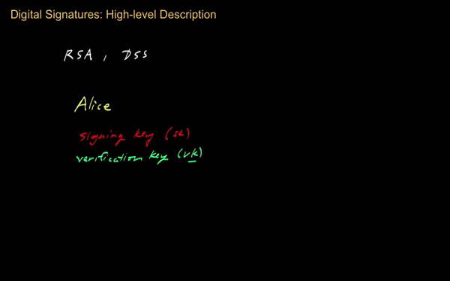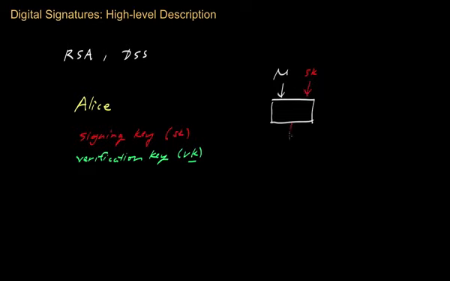If you have a message, let's call this message M, and you wish to digitally sign that message, you're going to apply a mathematical transformation. Alice is going to apply a mathematical transformation to the message M and her signing key SK.